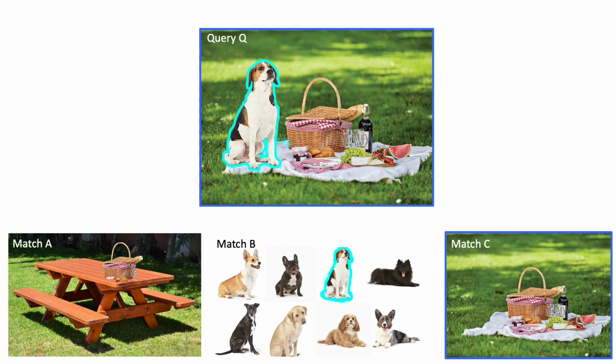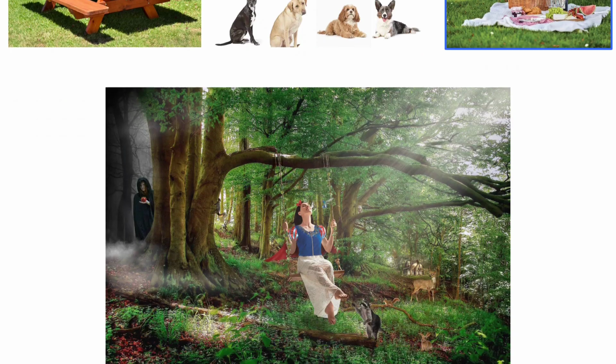Match B contributes a small portion of content to the query, while match A borrows a piece of content. We call these the host, donor, and borrower respectively, and we want an image algorithm that can search and retrieve all 3 of these types of relationships.